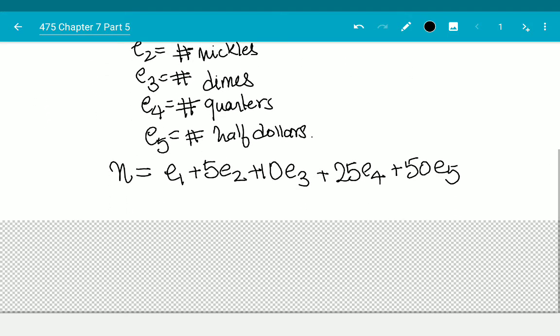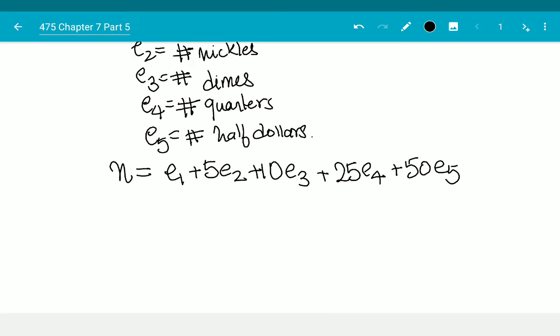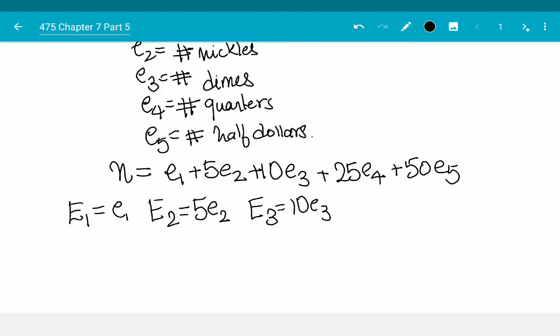This is what I want to solve, and I'm going to do this by creating new variables. Capital E1 is equal to small e1, capital E2 is equal to 5 times small e2, E3 is equal to 10 e3, E4 is equal to 25 e4, and E5 is equal to 50 e5.